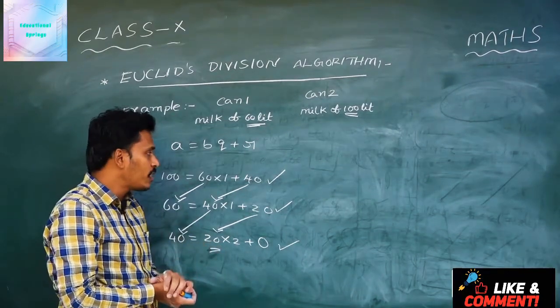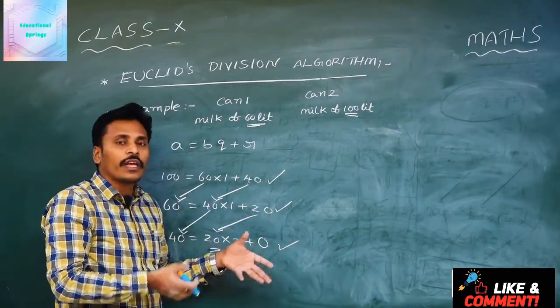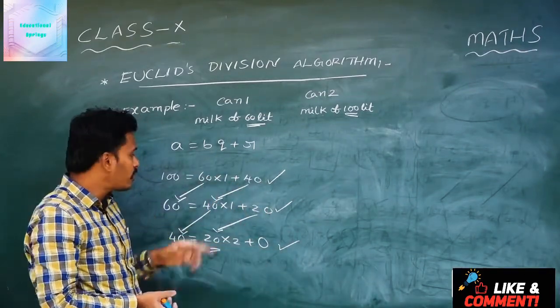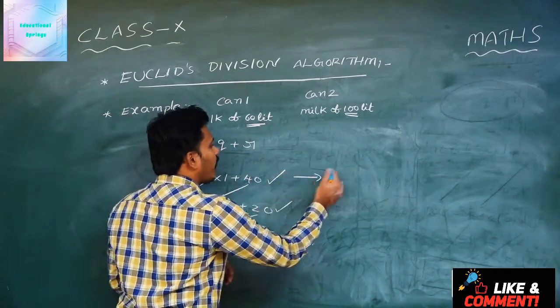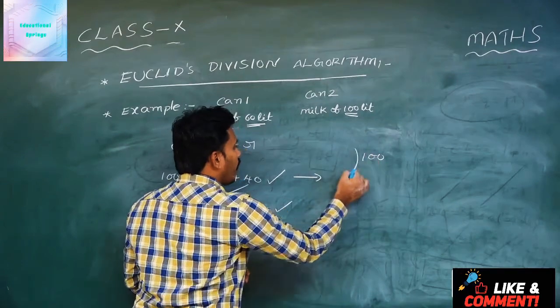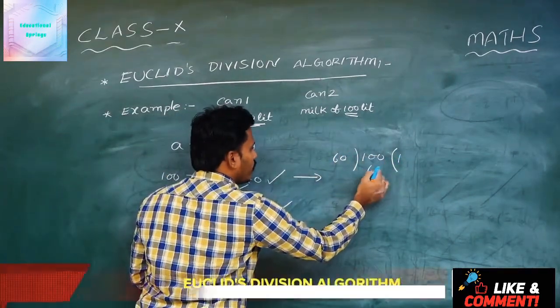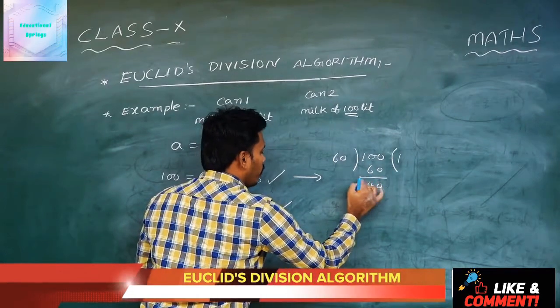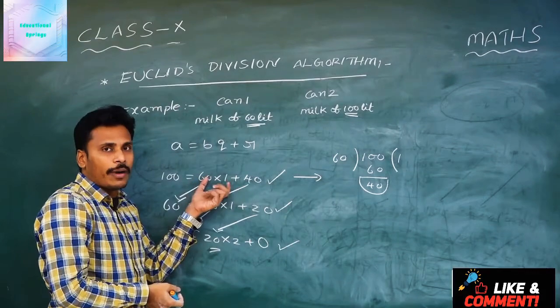For our convenience, now I am going to represent these three representations in our regular division process. Suppose 100 = 60 × 1 + 40, and I can represent it like this. If you divide 100 by 60, 60 ones is 60 and the remainder is 40. So this is the division representation for this Euclid's division lemma representation.